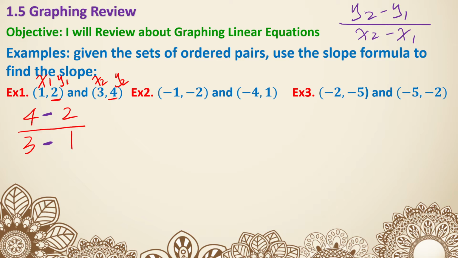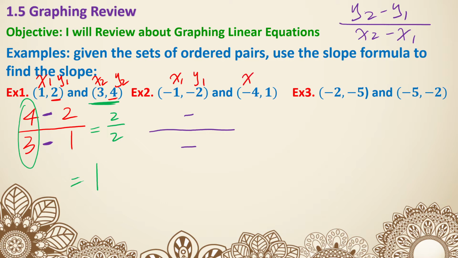As you can see, the front comes from the same point. That's going to give us 2 over 2, which is 1. Example 2. Again, when we form the ratio, no matter what, the negative sign is going to stay in the middle. Now we just need y2 minus y1. y2 is 1, y1 is negative 2.